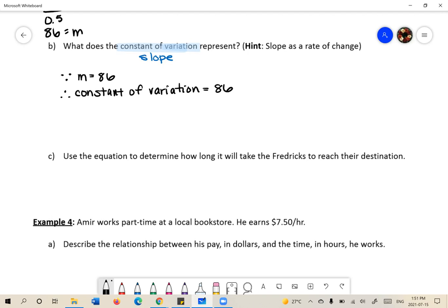And in the hint, it says slope as a rate of change. Remember from a previous lesson, the rate of change is your slope just with units. It's the same slope value in a unit rate.